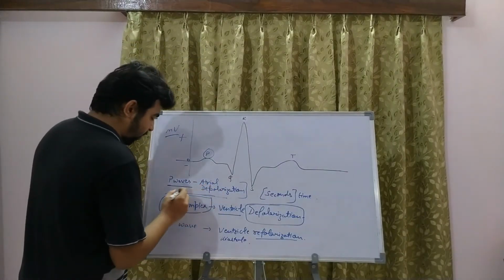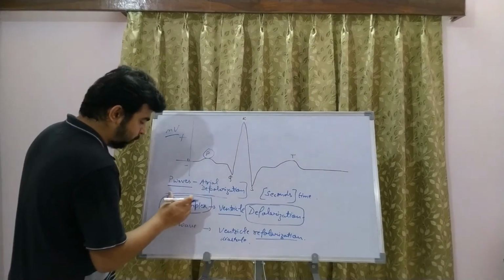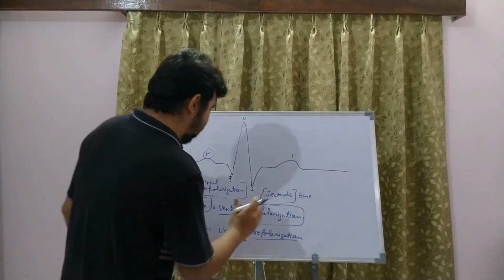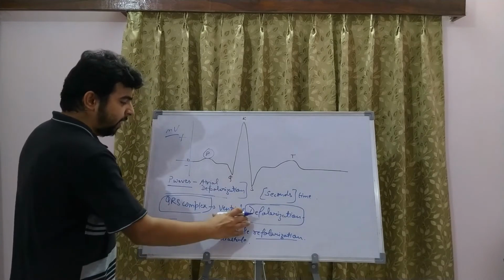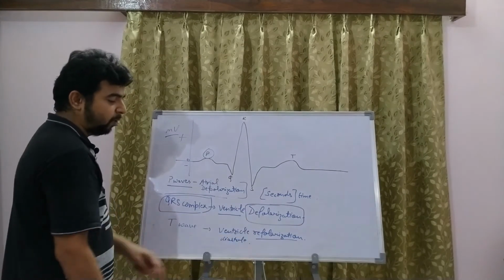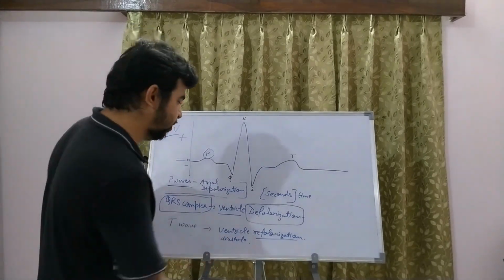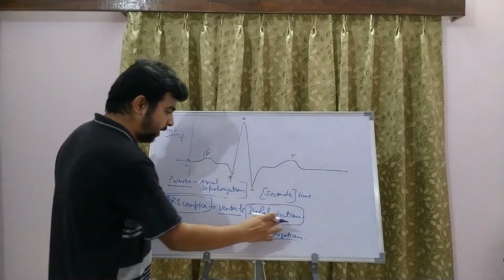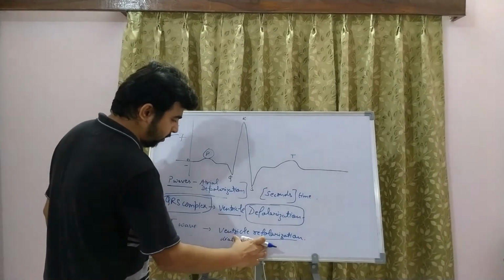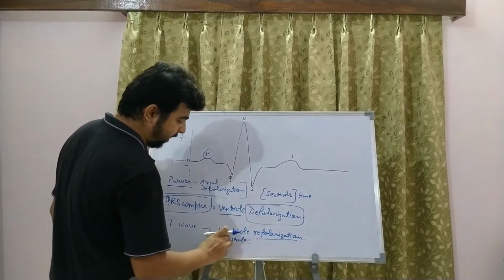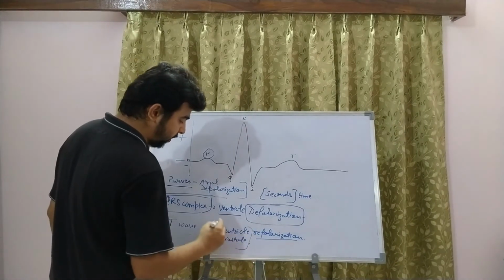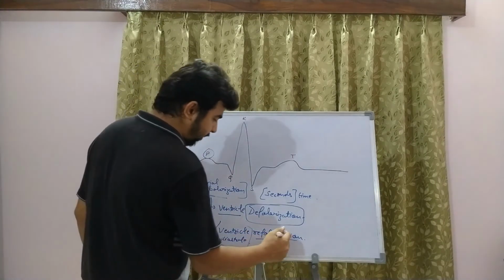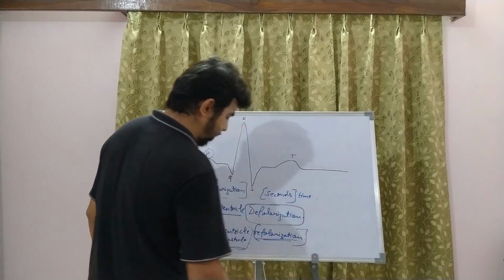So next is the QRS complex, which gives an idea about ventricle depolarization. After ventricle depolarization, the ventricle will relax when it passes the blood away. So next comes ventricle diastole, which is the relaxed condition for the ventricles, and this gives an electrical event which is repolarization.